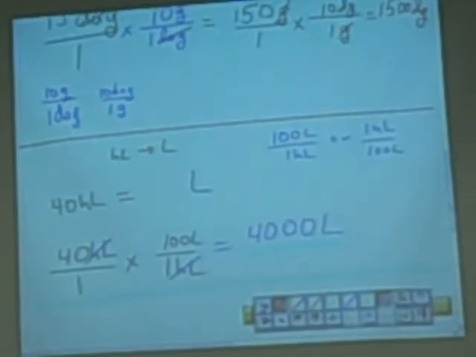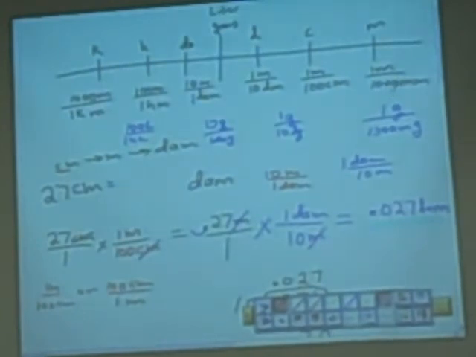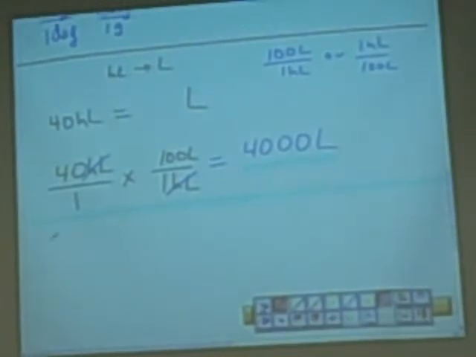Okay, another conversion here is that we know 1 meter equals 1,000 millimeters. If we were working with liters, that would be 1 liter over 1,000 milliliters.